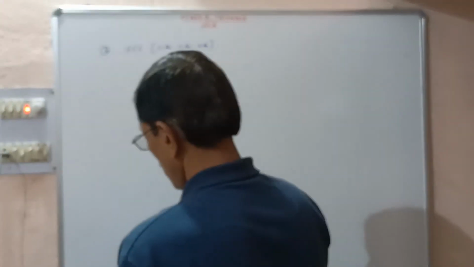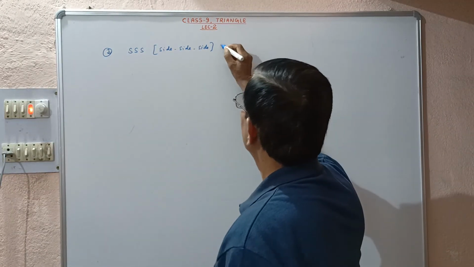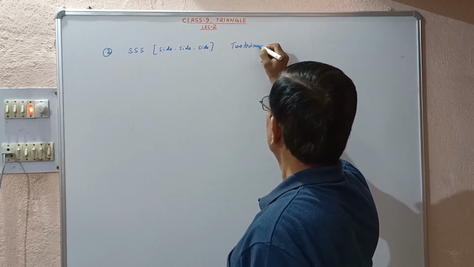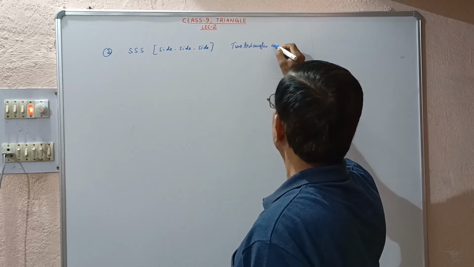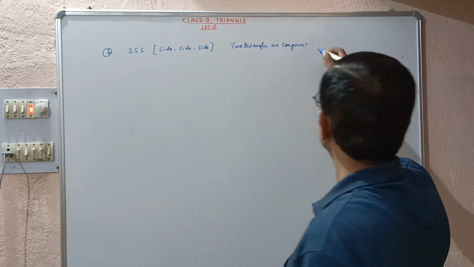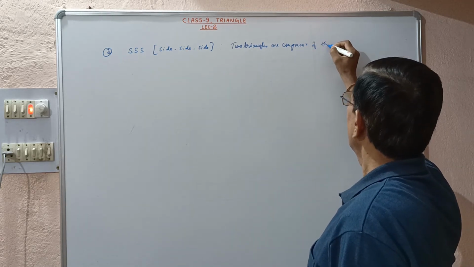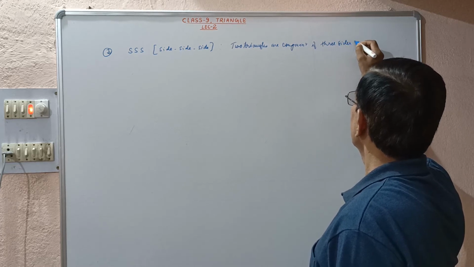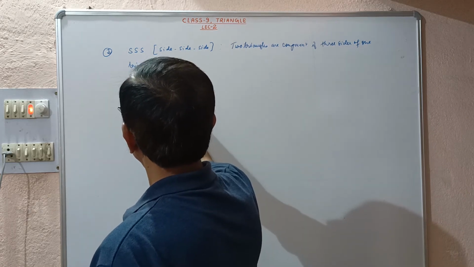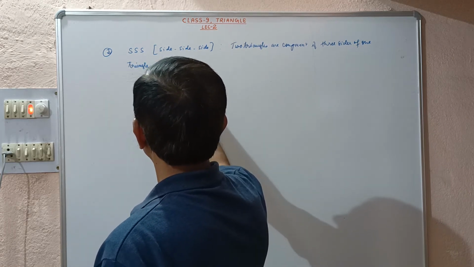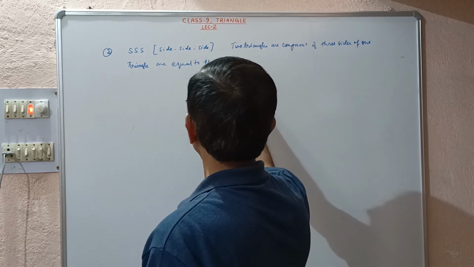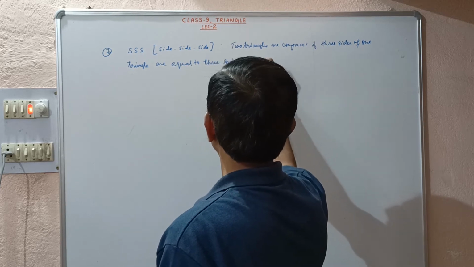The statement will be: two triangles are congruent if three sides of one triangle are equal to three sides of the other triangle.